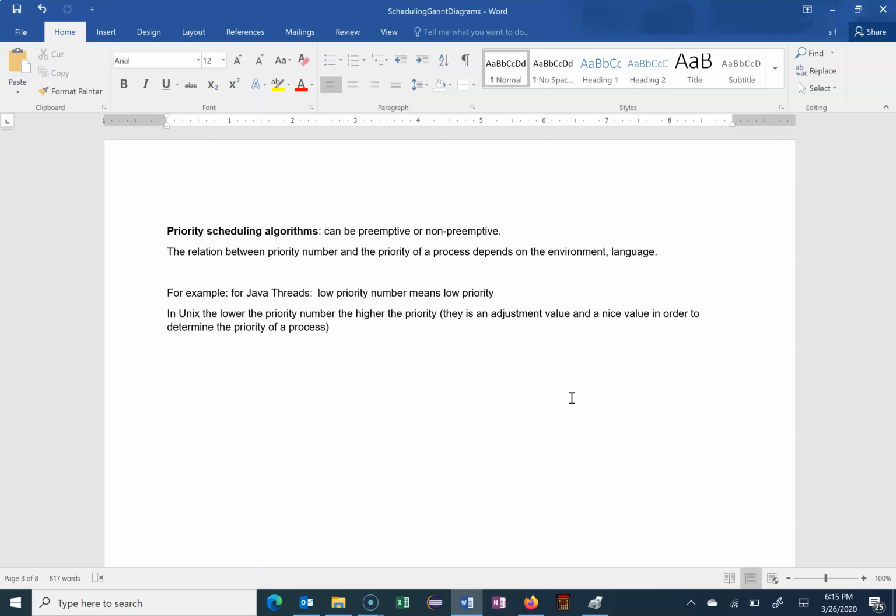In Java, the threads have priority between 1 and 10. 1 is the minimum, 5 is the default priority with which a thread is created, and 10 is the largest priority. In Unix, a lower priority number means higher priority.